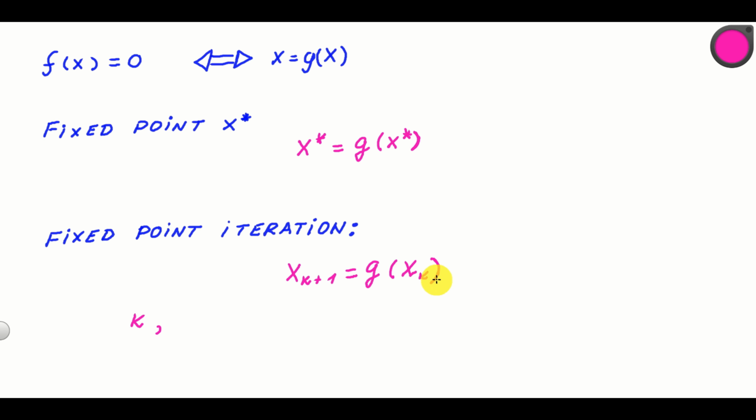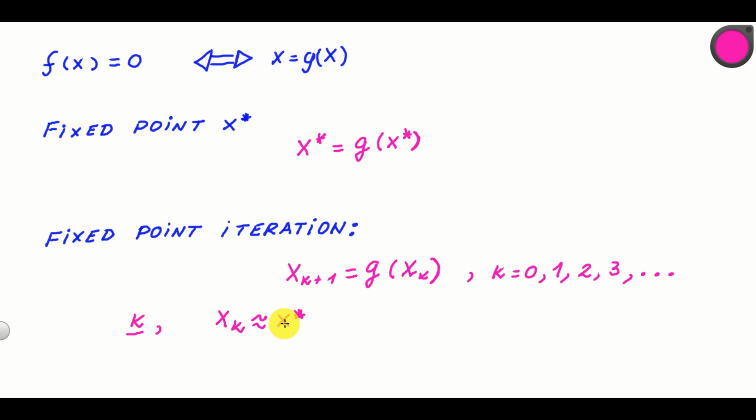That is, this recursive relationship is propagated for k is equal to 0, 1, 2, 3, and until convergence, or until an error defining a tolerance of convergence is smaller than some prescribed value. That is, for large values of k, xk will approximate x star.